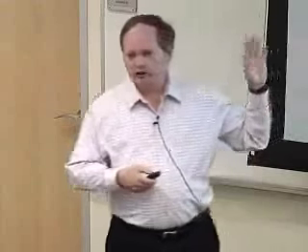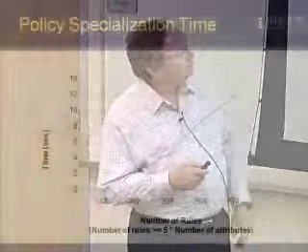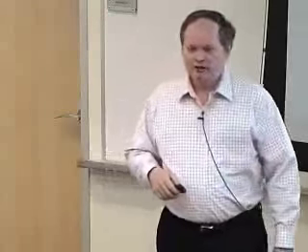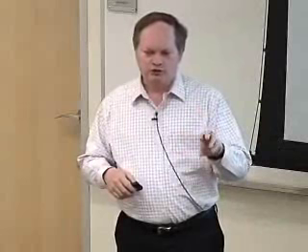A big bottleneck here is key generation. So this is the policy specialization times, and the way we did this was, for lack of any more inspiring way, to generate random policies. You would say something like, I want to have 5 terms, and I want each one of the terms to have up to 5 randomly chosen literals.